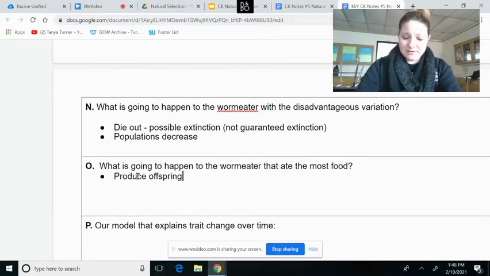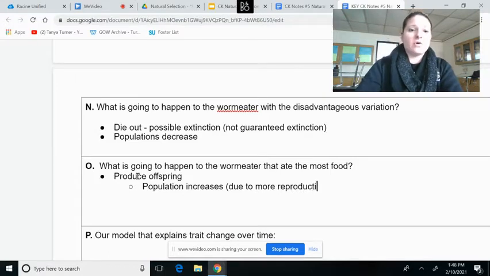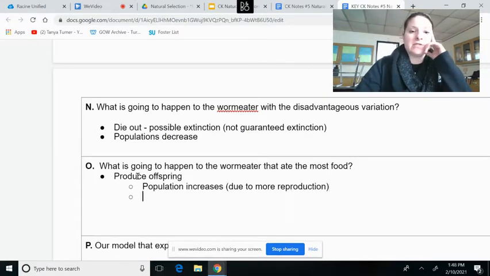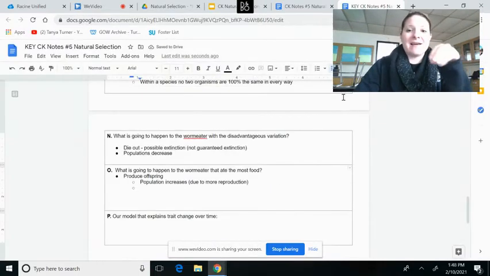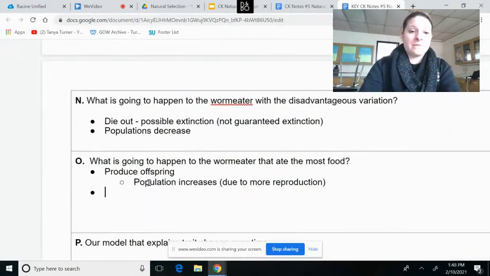And producing offspring leads to a population increase. And that means more of those babies or those individuals, more of the babies have the same trait as the individual that got to have the babies. So that means that trait gets passed on and more survive.